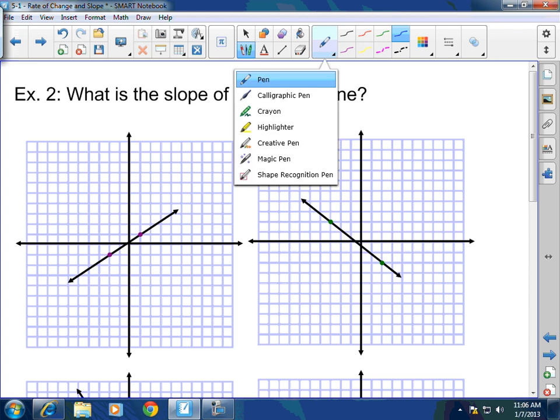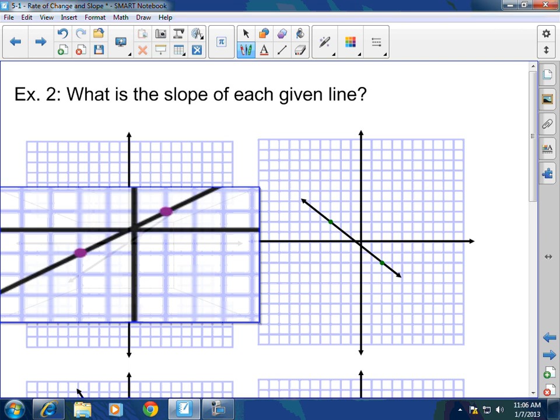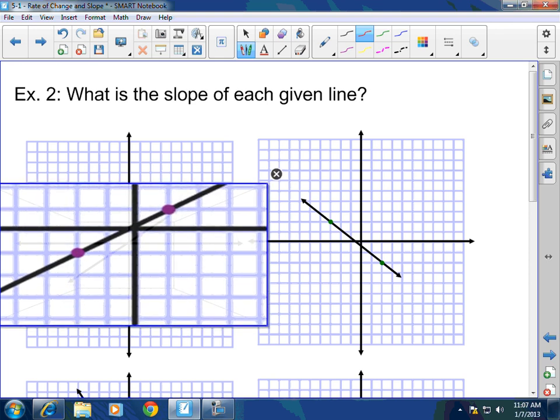Let's look at my magic pen. And let's take a look at this particular section. Let's look at what happens here. My brothers, look at what's happening from this point right here to this point over here. Am I not going up 2 over 3 to the right? Do you guys see that?